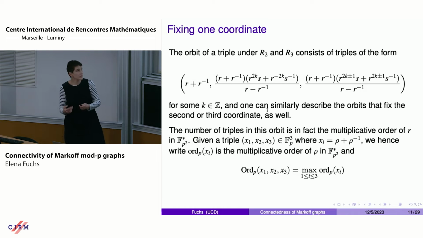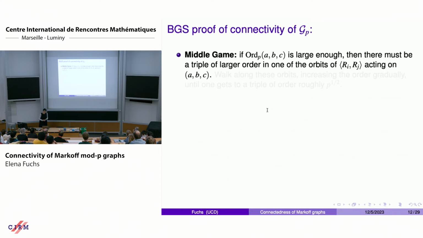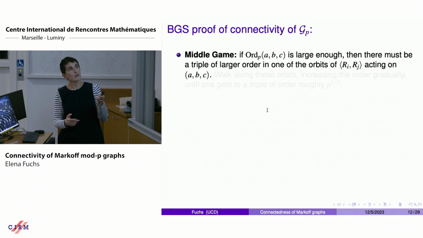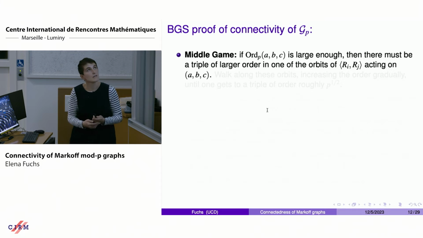So in the strategy of Bourgain, Gamburd, Sarnak, we're walking along the orbit trying to grow this capital order. Specifically, you're in the middle game: if your order is large enough, you have a triple of larger order in one of these orbits acting on A, B, and C.